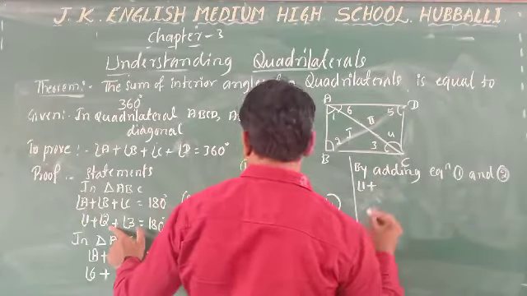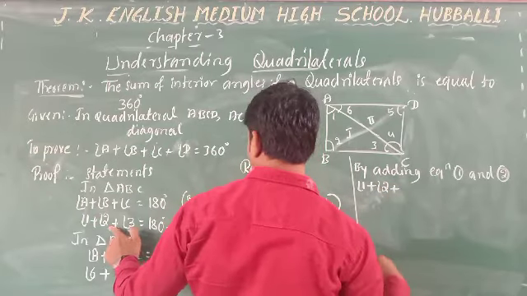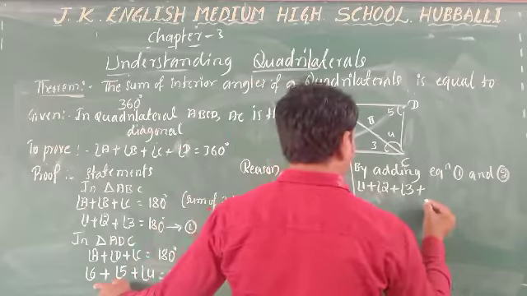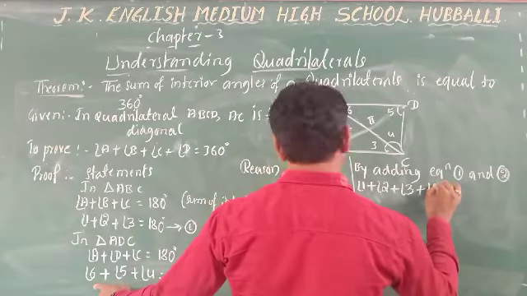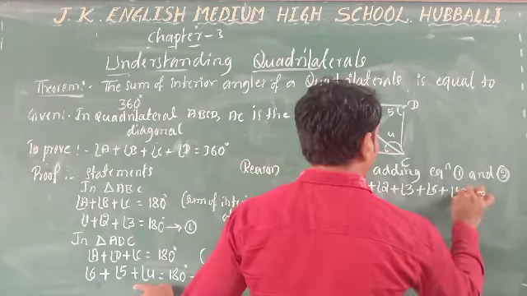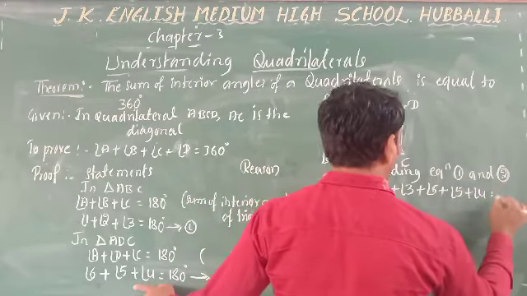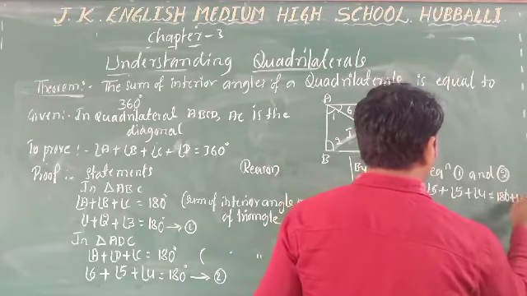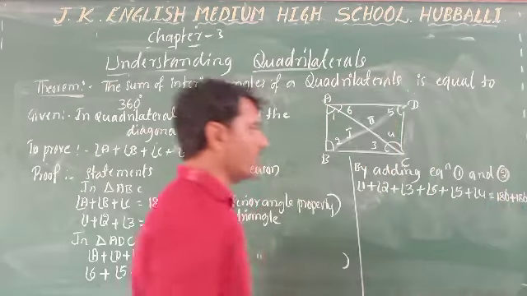Angle number 1 plus angle number 2 plus angle number 3 plus angle number 6 plus angle number 5 plus angle number 4, correct, is equal to 180 degrees plus 180 degrees.